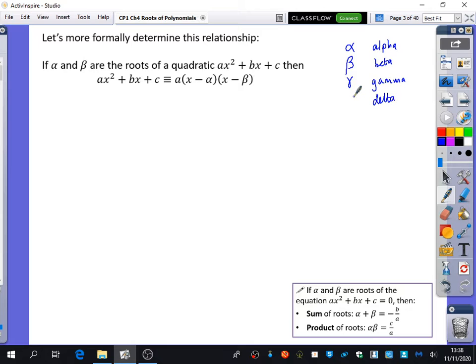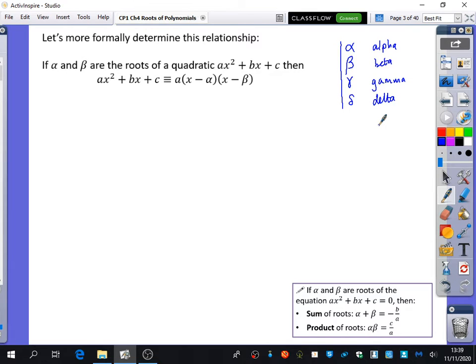And delta, you start at the top and you do this kind of squiggle, and it looks like the letter D, but like a fancier kind of one. The reason I've written these four letters here is because across this topic, we're going to start off with quadratics, cubics, quartics. So we're going to need to use all four letters when we get to quartics. So just be aware we're going to be using these.